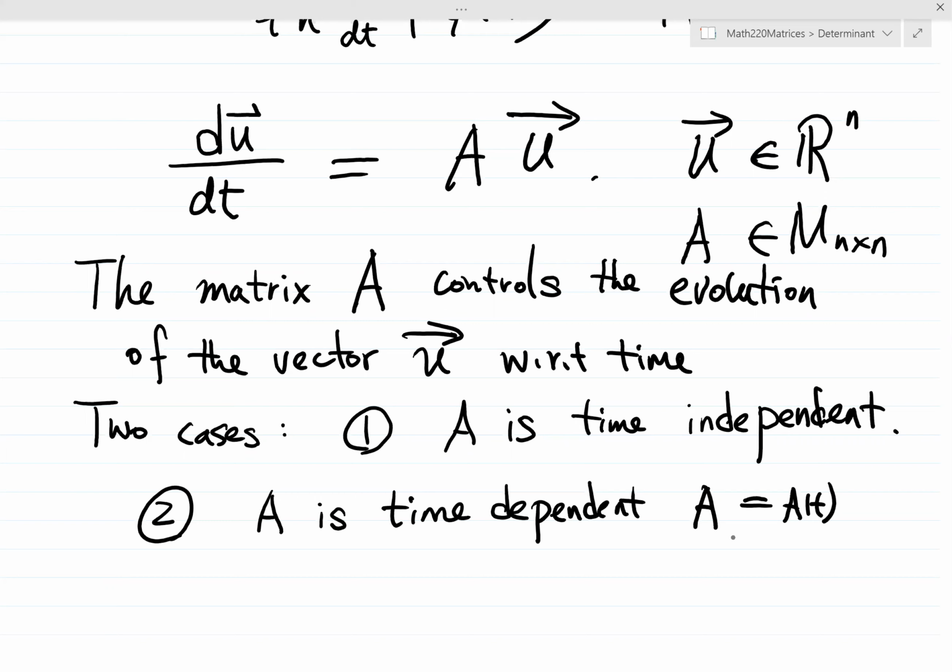Then we glue these small pieces together. If you have a time interval, you break it into many small time intervals, view that each small time interval does not change the matrix A too much, and then multiply all the cases together. It can be super complicated for the time dependent case.